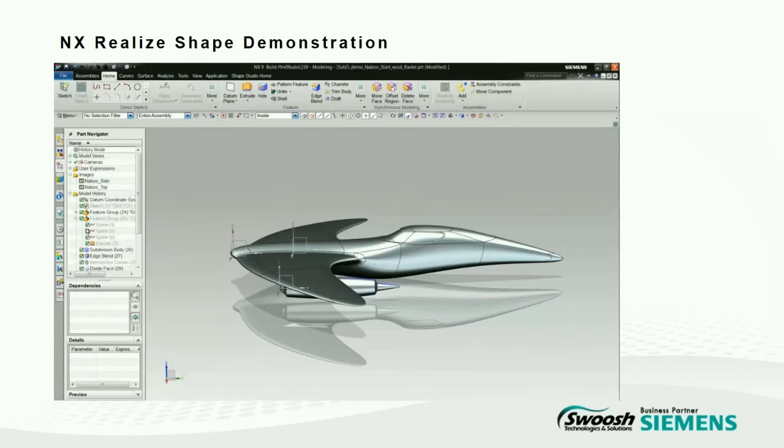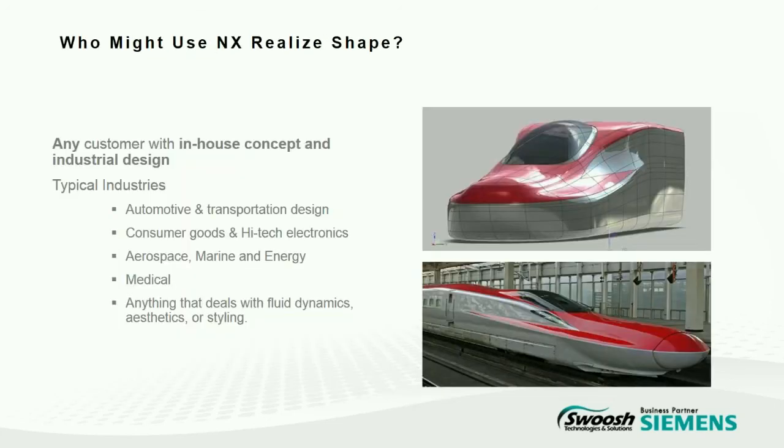Very quickly done. Ask yourself, what kind of options or opportunities would you have for something like this? Again, think outside the box. You don't necessarily need to always do it the way you've done it. You're probably going to find, if you did a good investigation, that you would have areas of your product, regardless of your industry, where you could create using Realize Shape.